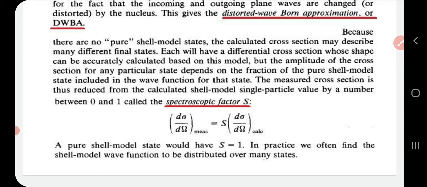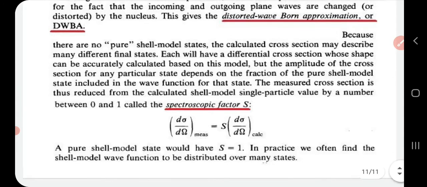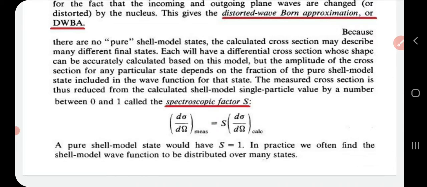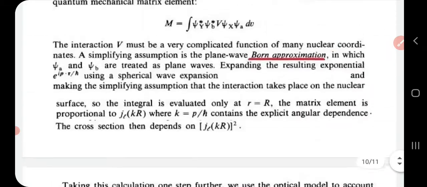The measured cross section is thus reduced from the calculated shell model single particle value by a number between 0 and 1, called the spectroscopic factor S. dσ/dΩ measured is equal to S times dσ/dΩ calculated. A pure shell model state will have S equal to 1. But in practice we find the shell model wave function to be distributed over many states.